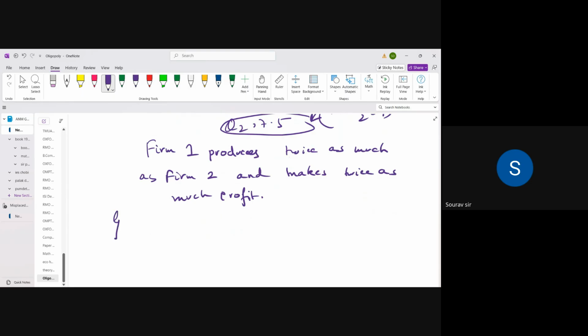So going first gives firm 1 an advantage. You may think that it seems disadvantageous to announce your output first. Why then? The reason is that announcing first creates a fait accompli.